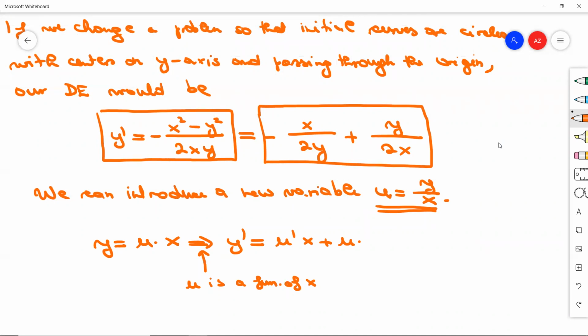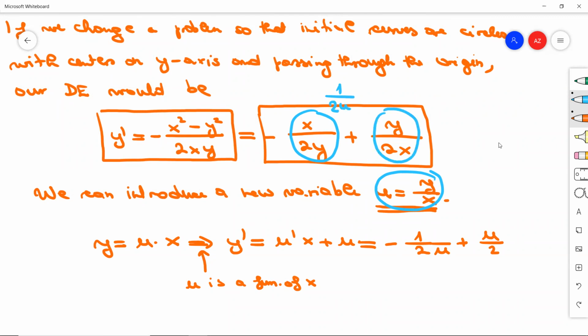And on the right hand side, I get minus 1 over 2u plus u over 2. So with this substitution, this is 1 over 2u, and this is u over 2.